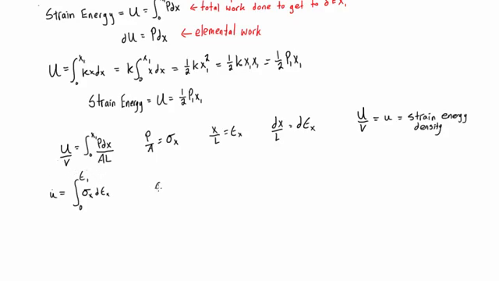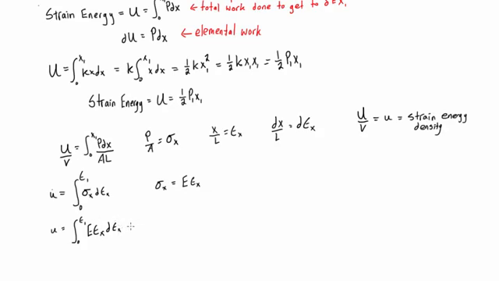But we also have Hooke's law, where the normal stress is equal to E times epsilon. So we can plug that in here as well and rewrite this. So we're going to get strain energy density is equal to the integral from 0 to epsilon 1 of E times epsilon x, and then we have d epsilon x.